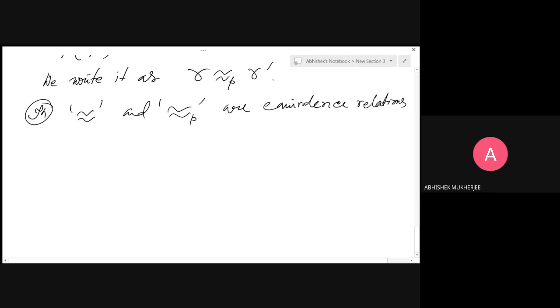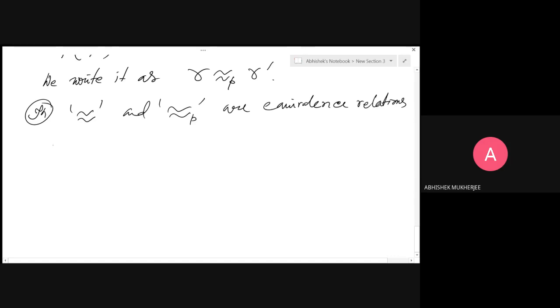Reflexivity and symmetry are very easy. And for transitivity, you need to invoke the important theorem called the pasting lemma. With the help of this, you can easily show that the relations are transitive.